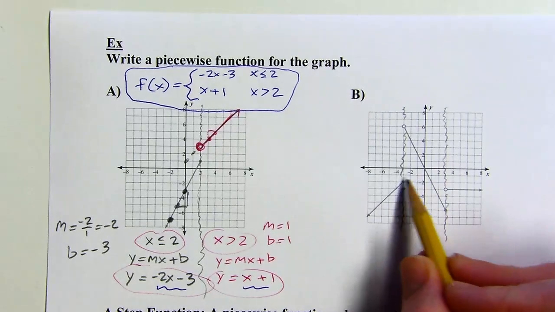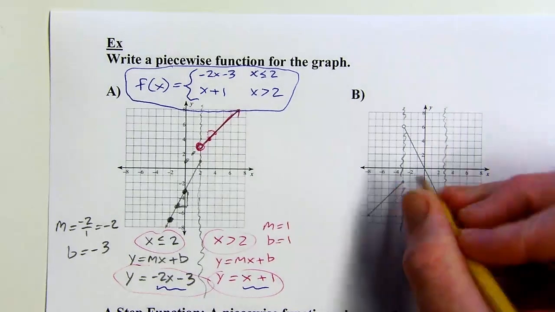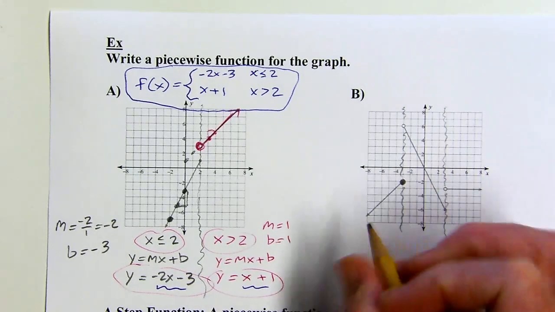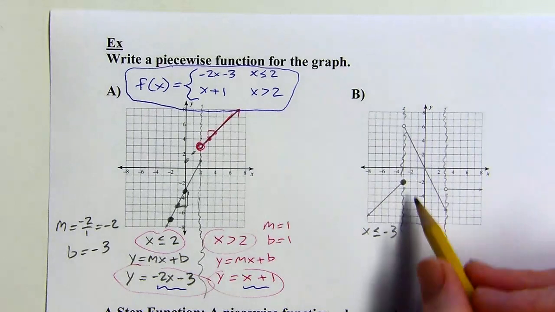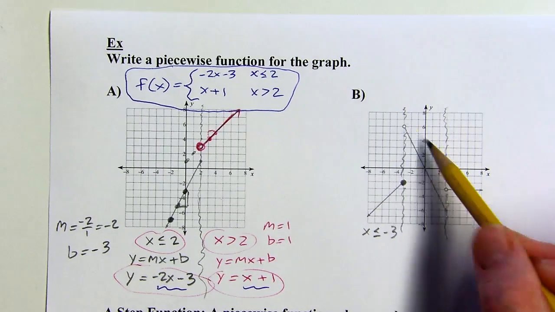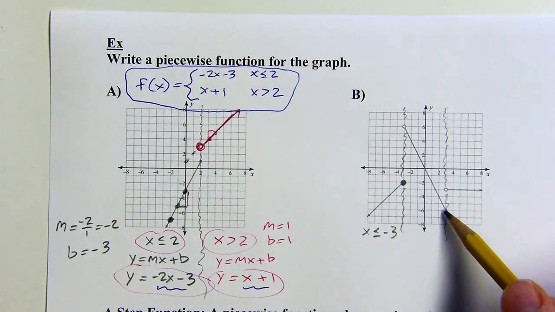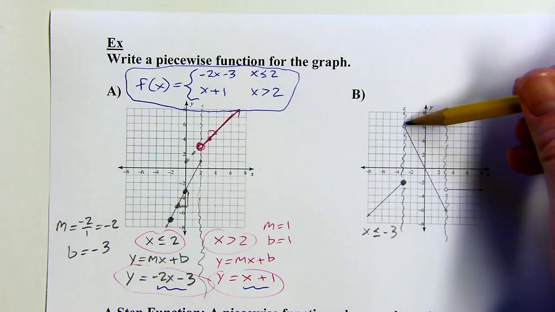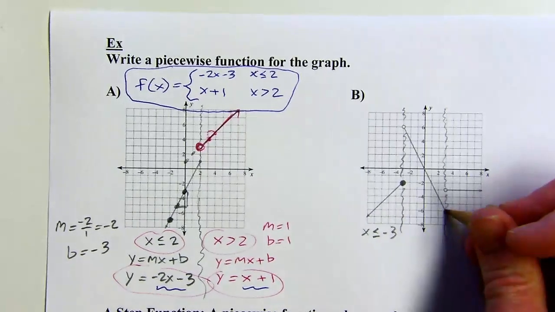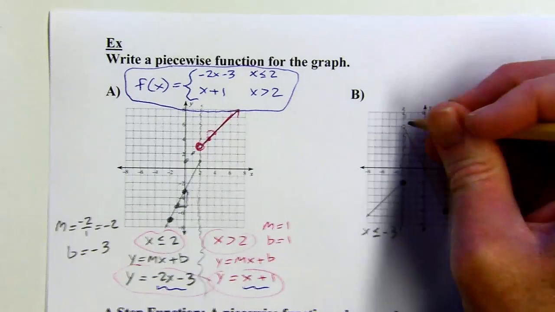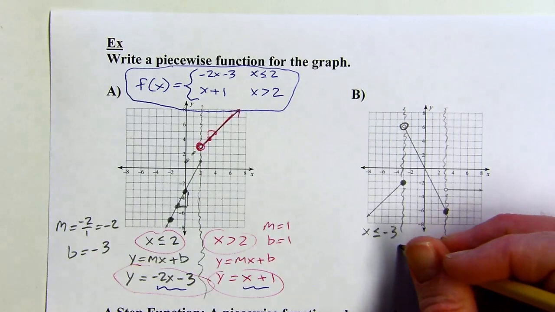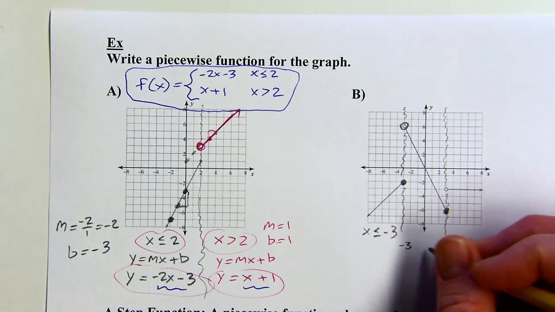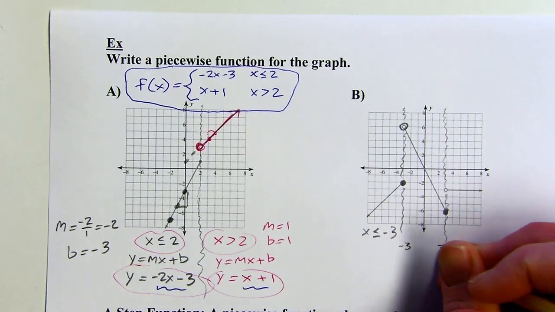So this is going to be when x is less than or equal, because that's a closed dot, negative 3. Okay, in the middle, we're going from negative 3 to positive 3. The negative 3 is not included, but the positive 3 is, because we've got a closed dot down here and an open dot up here.